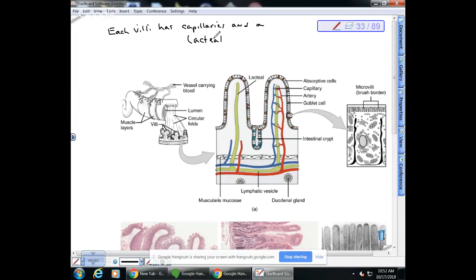So the lacteal is a lymphatic vessel. So one of the functions of the lacteal, of the lymphatic vessels, is to transport fat. So fat that is absorbed, lipids, are not passed into the circulatory system. They are absorbed by the lymphatic system.